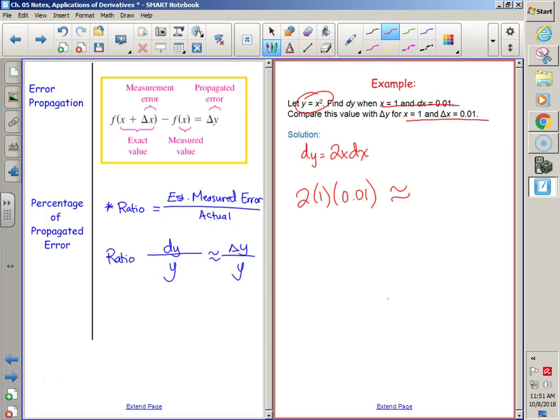Hopefully you wouldn't be more than a tenth off, but you could estimate wrongly. Your tenths place should be accurate, but your hundredths will be off. So if you have a certain measurement error, how is that going to result in error of whatever you're plugging it into? Does that make sense?